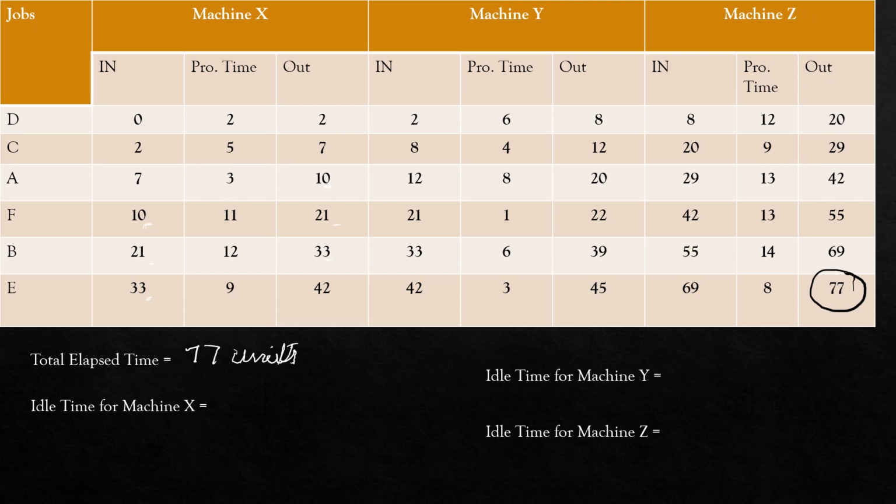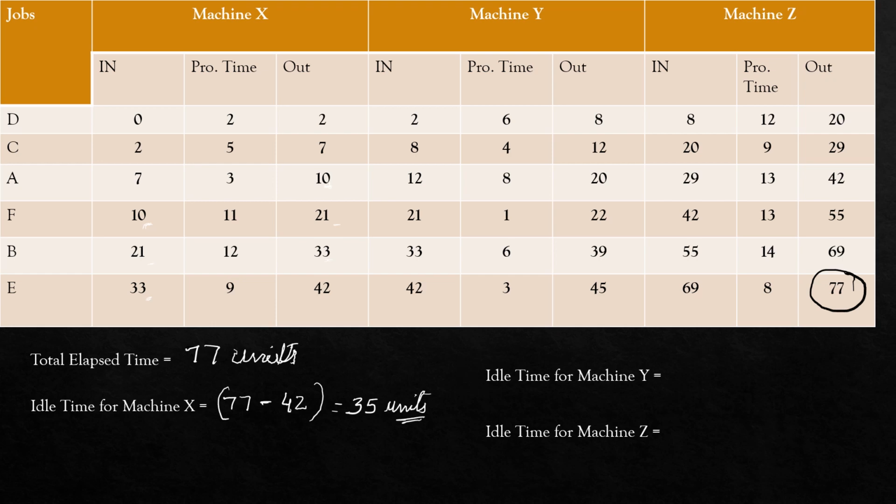So after 42 units of time, there is no work being done on machine X. So the total idle time for machine X will be 77 minus 42, which is 35 units of time, whatever the time is in hours or minutes.